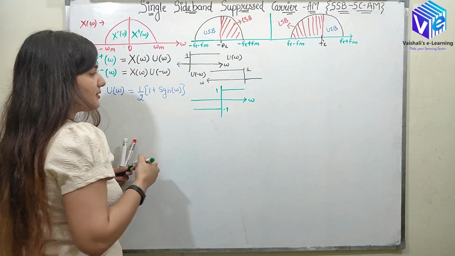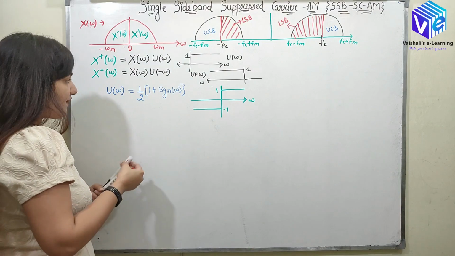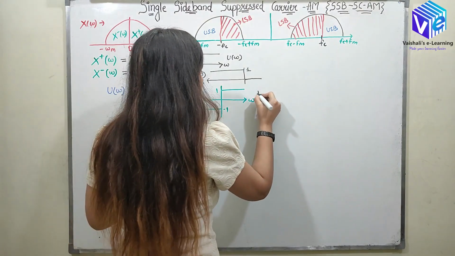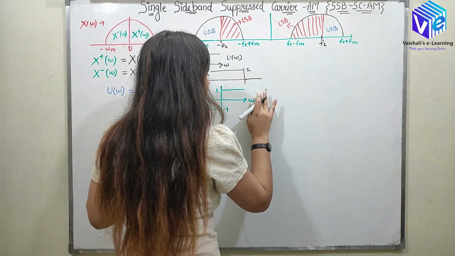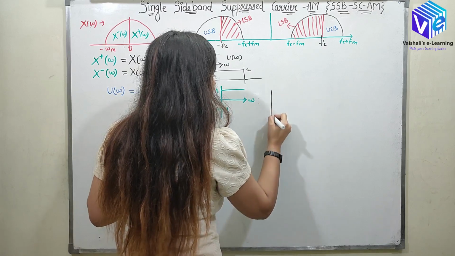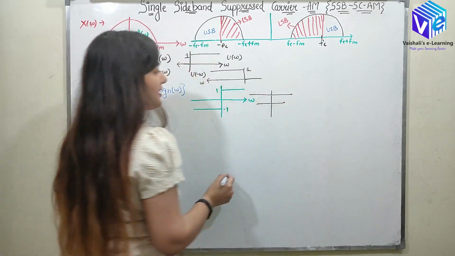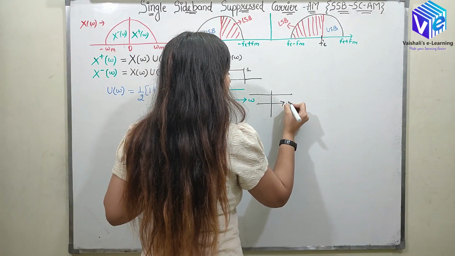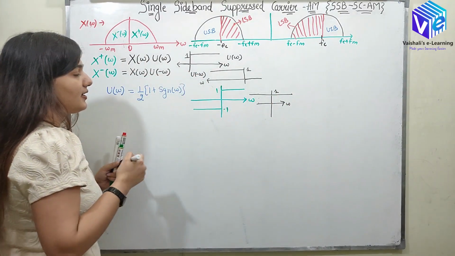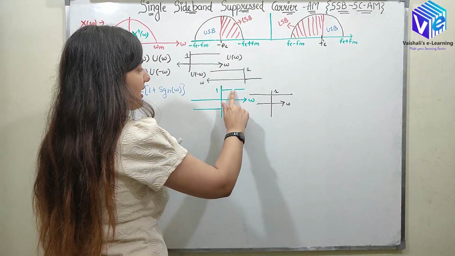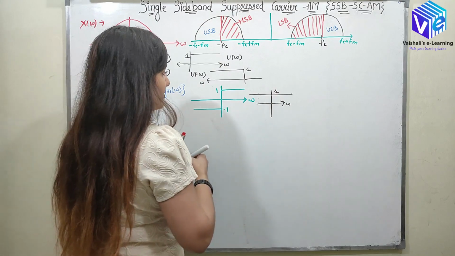So this function represents the signum of omega. If I add 1 to this signal, then at the positive side I will have 1 plus 1, which is 2.